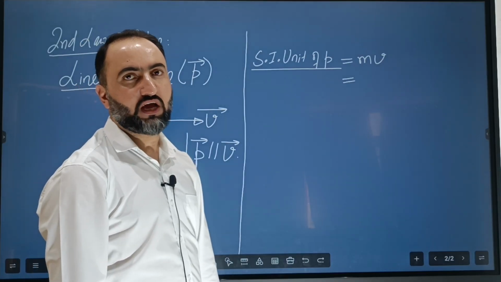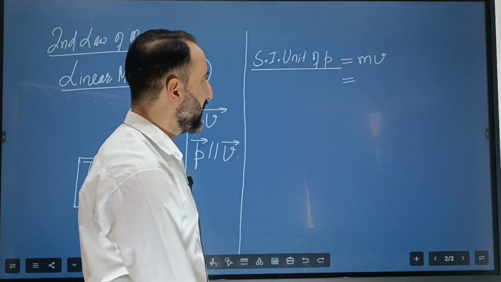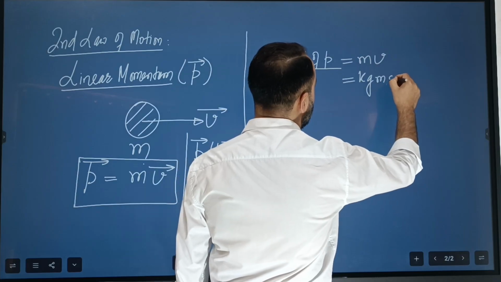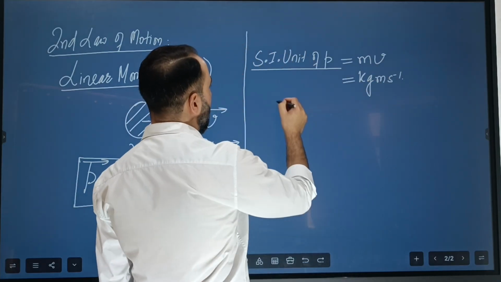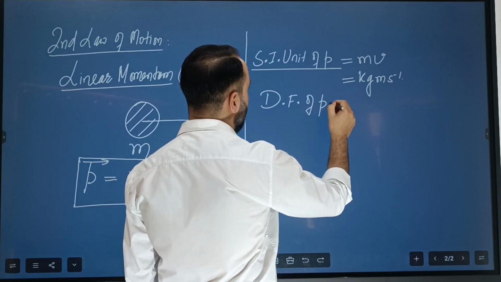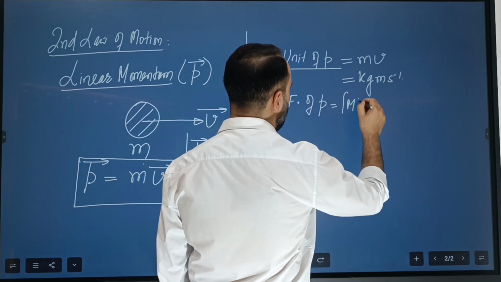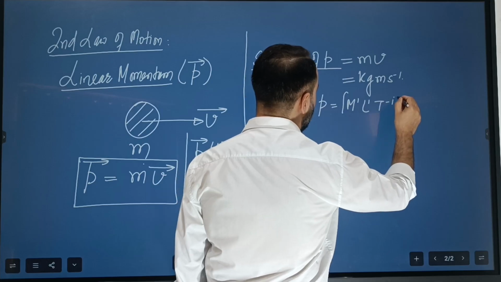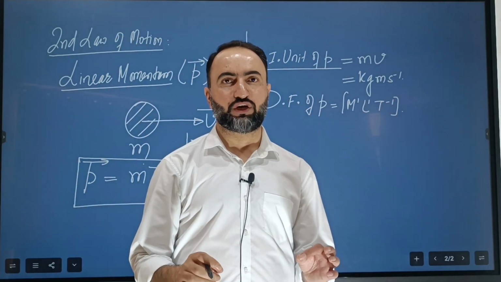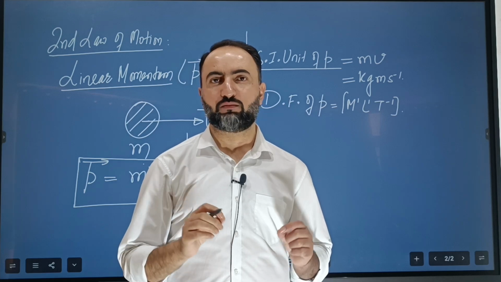And what will be the SI unit of velocity? That is meter per second. So that means the SI unit of momentum is kilogram meter per second. All right. And from there you can tell the dimensional formula of momentum, and that is M^1 L^1 T^-1. Okay, so this information is enough about momentum for now.